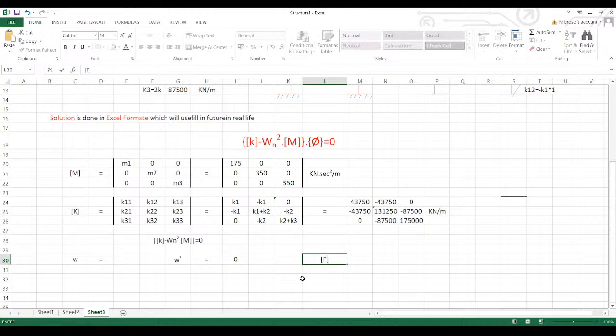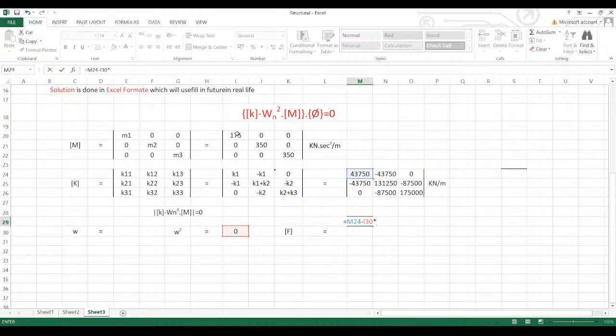F matrix is equal to the K matrix minus omega square, w square, into M.